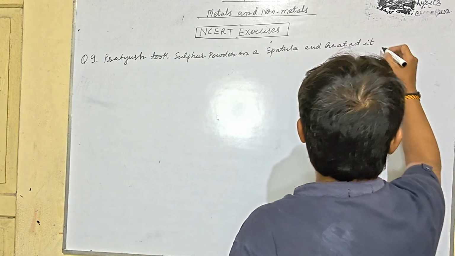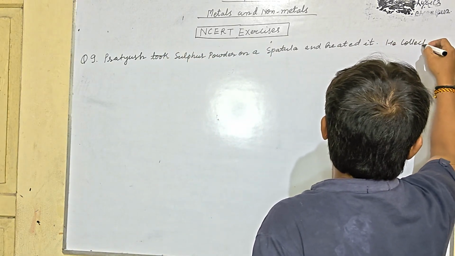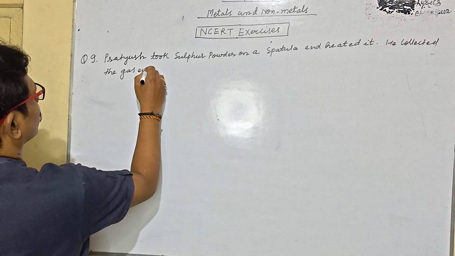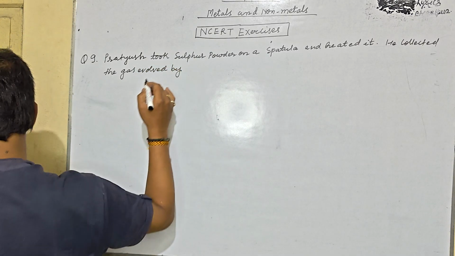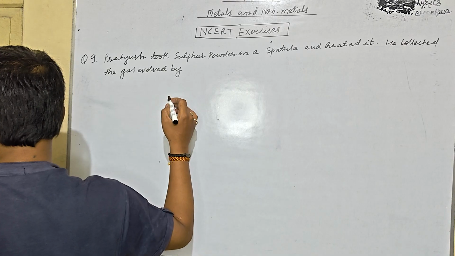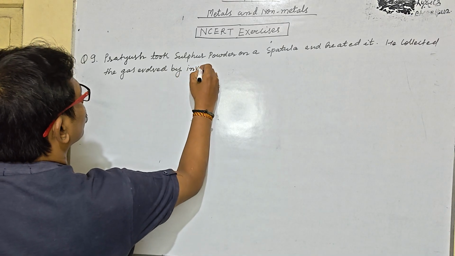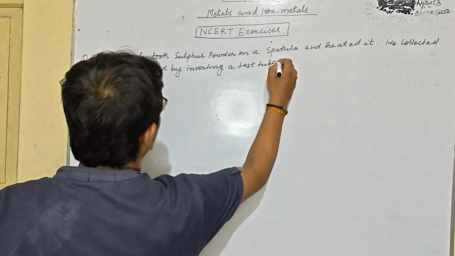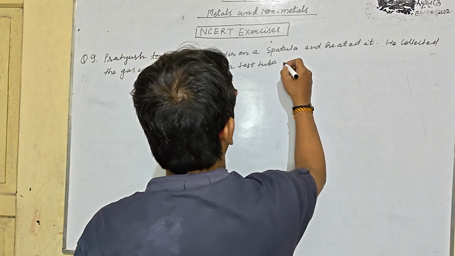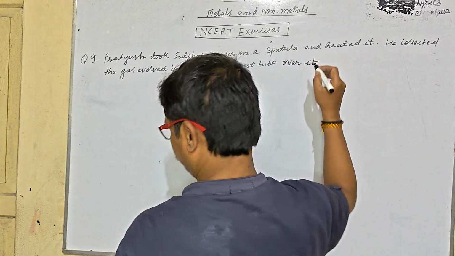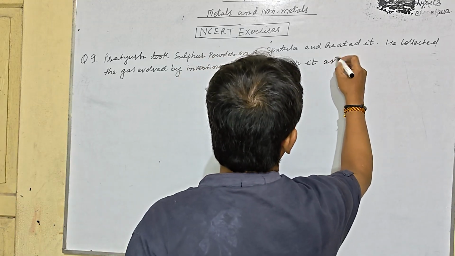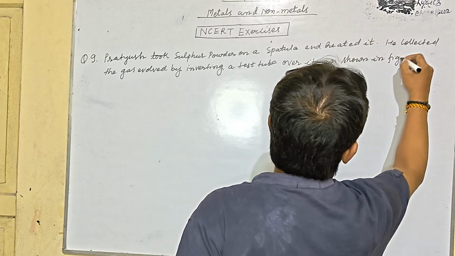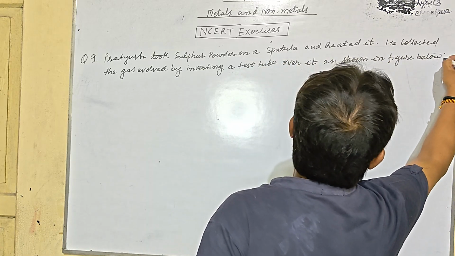He collected the gas evolved by inverting a test tube over it, as shown in the figure below.